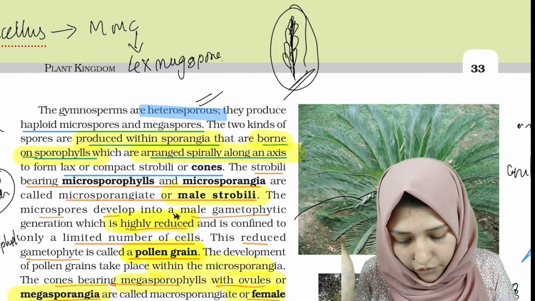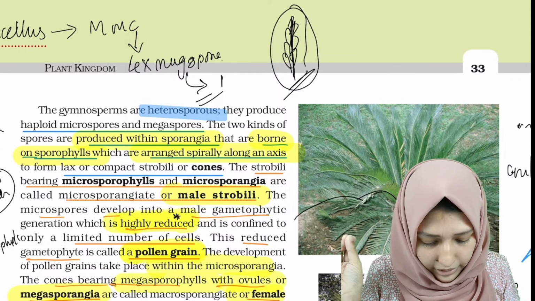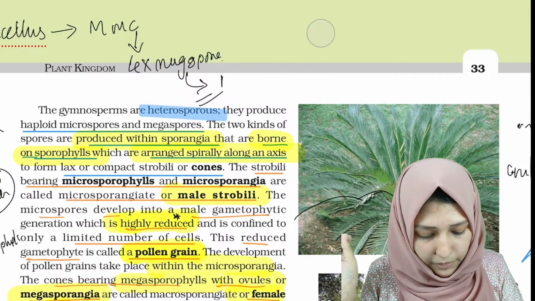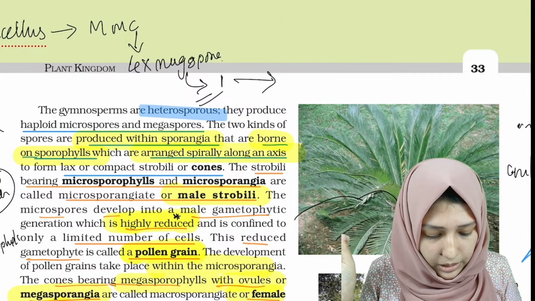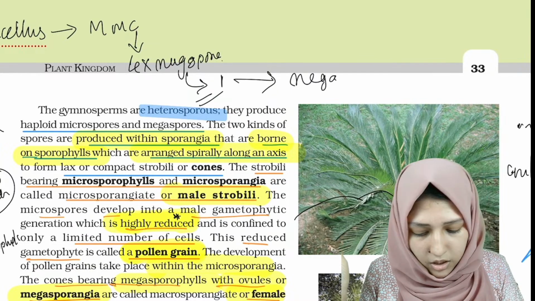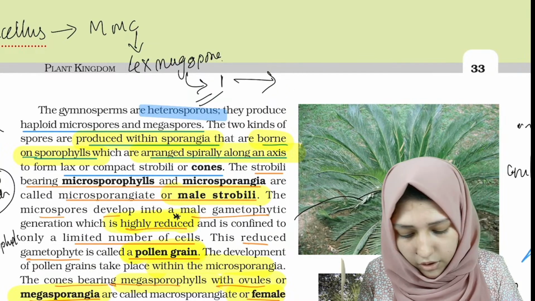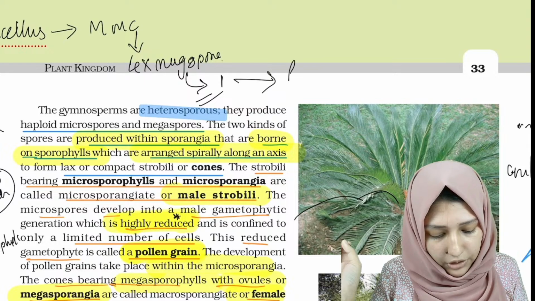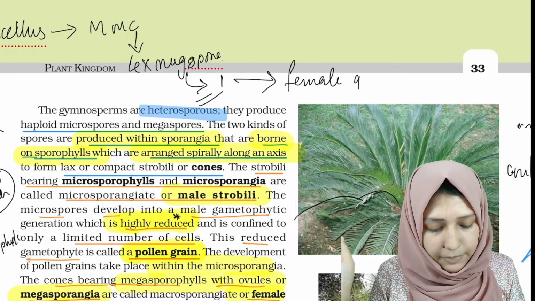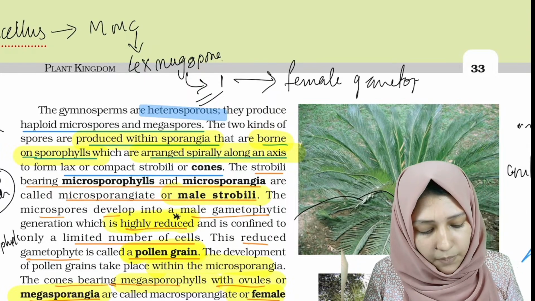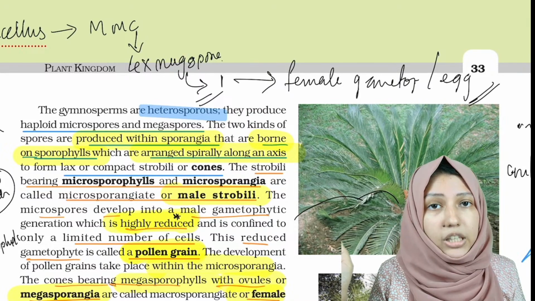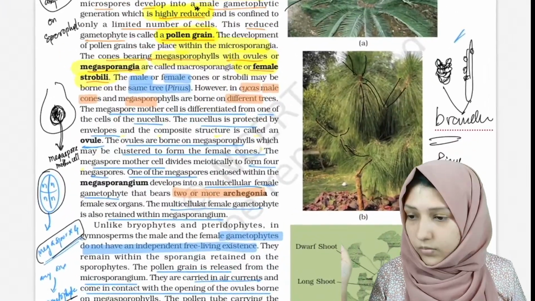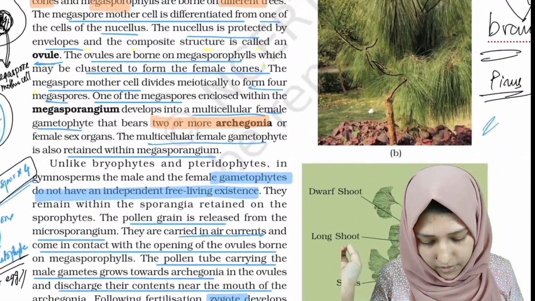Among the 4 megaspores, one will form the female gametophyte or egg. Clear?